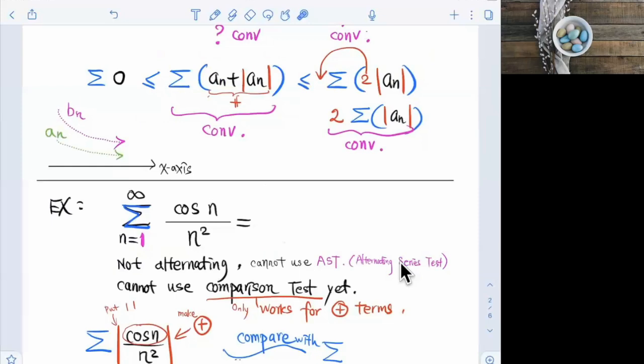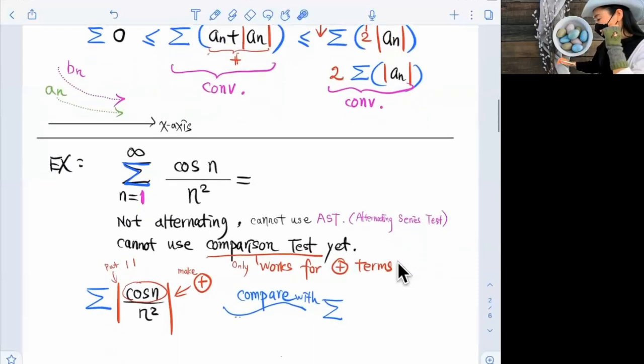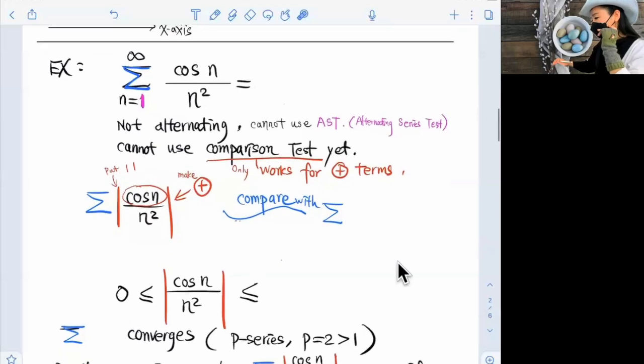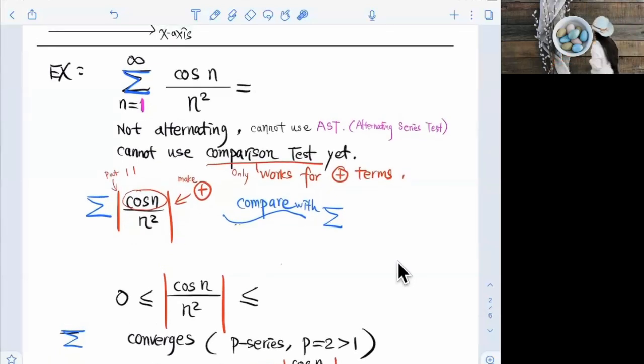But how can I make the terms all positive? Yeah, right. So we're going to put the absolute value over here. And then the result here, the terms will be all positive, right? Because of the absolute value. Okay?